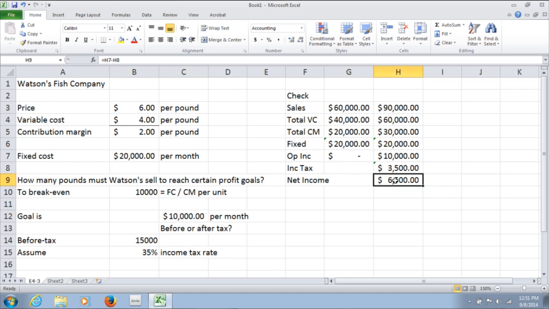Well, if the goal is 10,000, we don't get the 10,000 here. We get the 6,500.